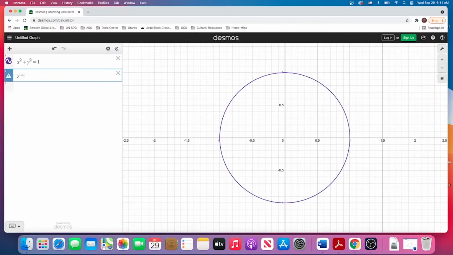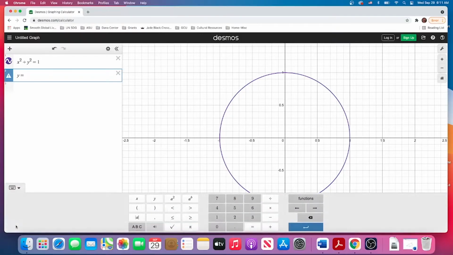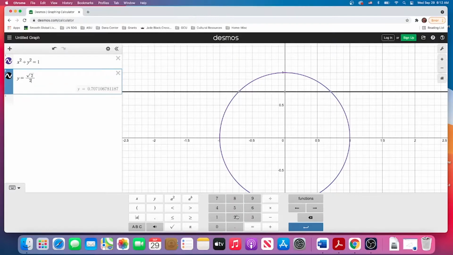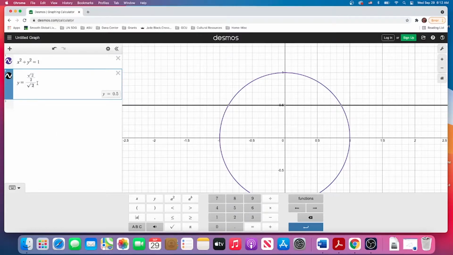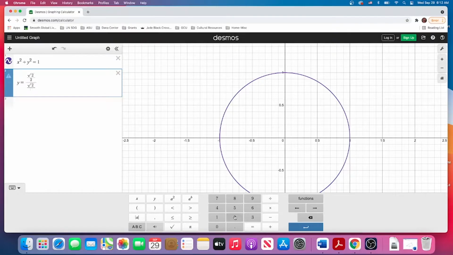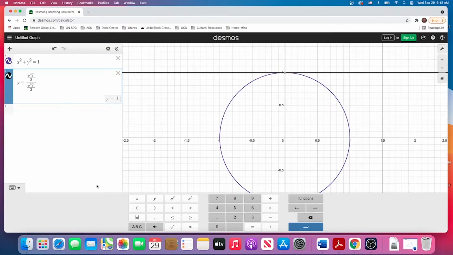We're going to do the square root of 2 and get outside of the square root, divided by 2, and then get outside of that. I'm going to divide that fraction by the square root of 2, just outside, divided by 2. And again, that is 1, and then x.